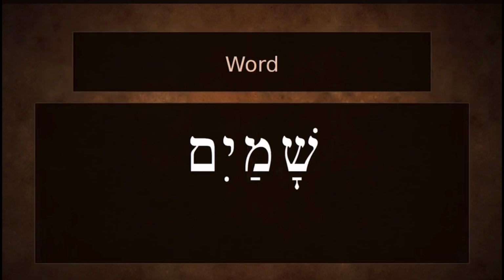Here is a word with a sheen. We have a sheen with the dot over the right side. Under that is a kamatz, then a mem with a patach underneath, then a yod with a chirik underneath, and finally, a final mem. Let's pronounce this word. The sheen with the dot on the right is pronounced sh. The kamatz is pronounced a.